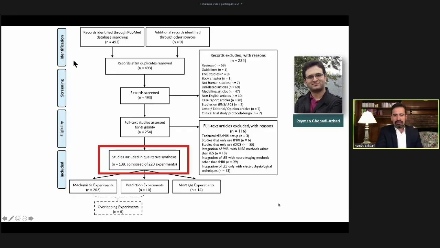As you can see here, 202 of these are mechanistic, using fMRI to see how TES or tDCS changes activation inside the brain: 163 with direct current and 39 with alternating current stimulation.